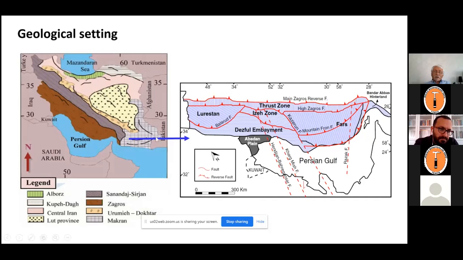The studied field is located in Zagros, which is supposed to be the best province for many oil fields.